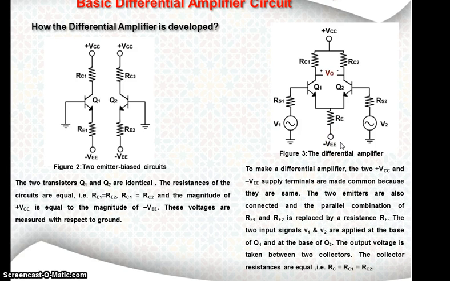So this is basically a differential amplifier. This comes as the basic building block of your operational amplifier circuit, because from the second unit onwards you are going to study different applications of the operational amplifier. So you should have a basic understanding of its basic building block, that is the differential amplifier.